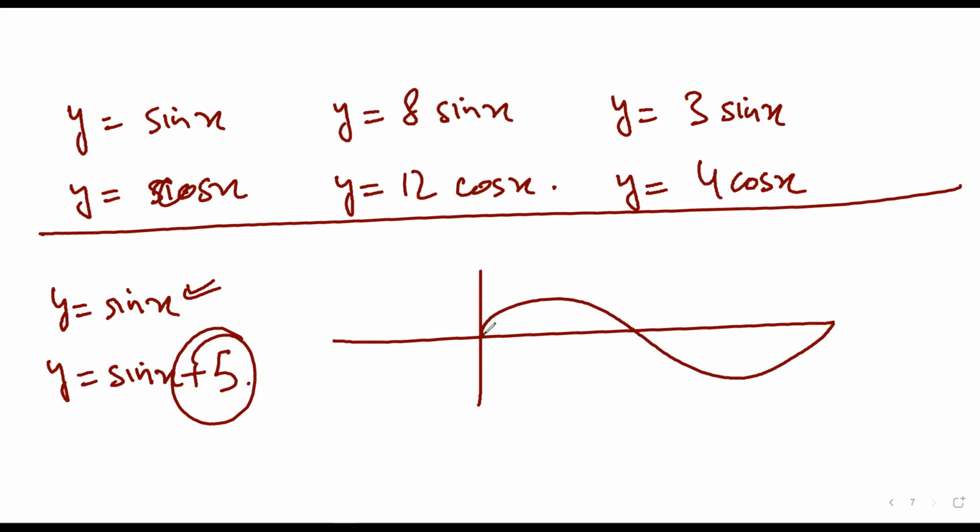So this is y is equal to sin x. Is it making sense? Simple y is equal to sin x curve. Now when I add plus 5, all that it does is it raises the curve of sin x up by 5 units. Am I making sense?